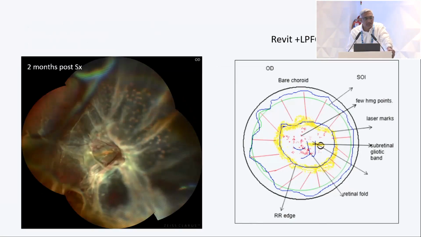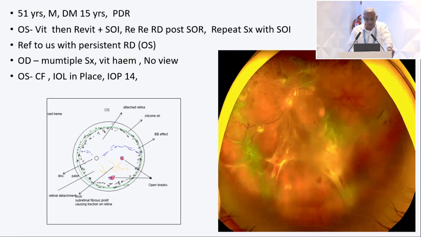Two months later she comes back with this picture: ischemic retina, severe proliferation, and the whole retina is pulled off. We did attempt a second surgery and could leave a small island at the posterior pole. She has not yet come back for her next checkup, so we don't know what vision she's going to get back. Prognosis was obviously bad, but we did not have a choice because the other eye is already lost, also being a CRVO.